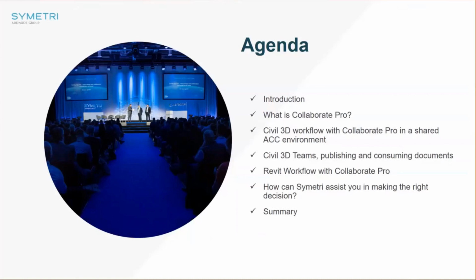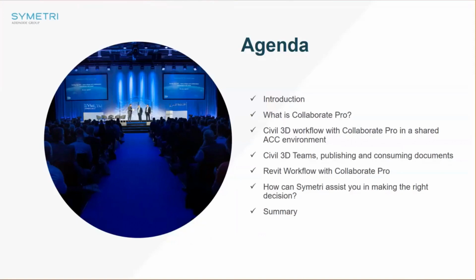So we're going to be looking at some workflow demonstrations that have been created by my colleague Dave Bosworth, who will be showing a demonstration of how the Civil 3D side of things works. And then we'll be going through the Revit side of things and how the architectural side of things can pick out the other disciplines that we're bringing in, and how we can have a look at workflows and streamlining those workflows.